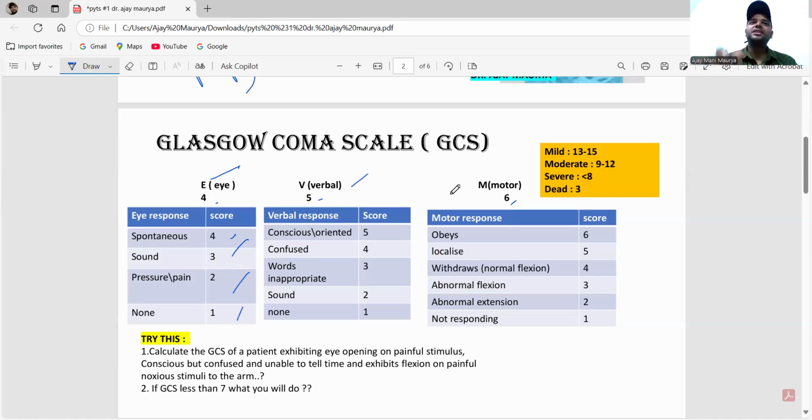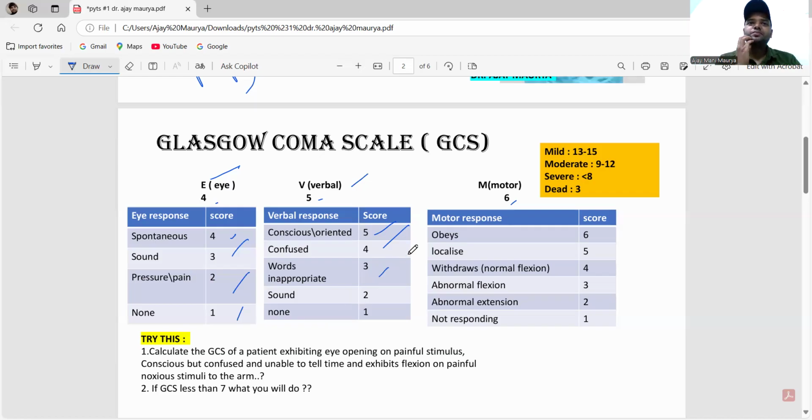If the patient is conscious and oriented, and I say hello doctor, conscious speaking, your score is 5. If the patient is confused, saying hello doc, where am I, what's my name, totally confused, it is 4. Inappropriate words, like using bad words, is 3.